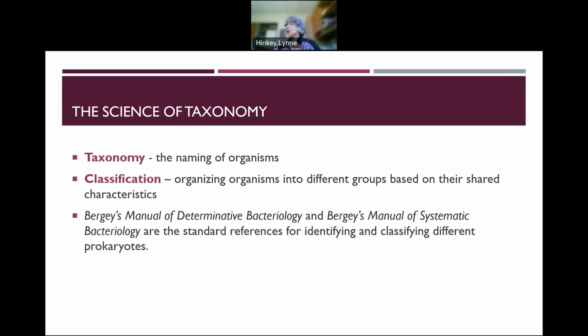And we can perform a number of phenotypic tests, like the biochemical testing we'll be doing in lab, observation under the microscope, seeing how they grow on different media, and then compare that with the information in Bergey's manual to help us identify down to genus and species what an organism is.